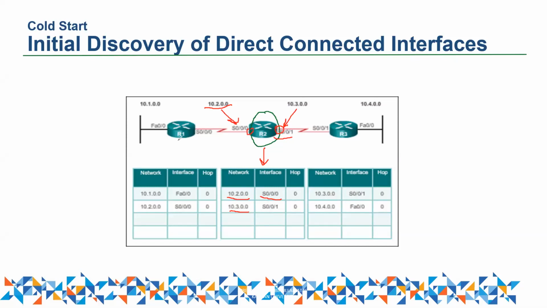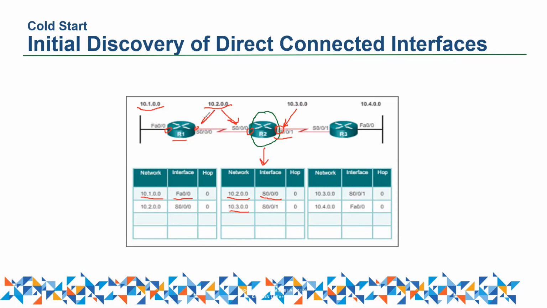And what about R1? R1 learned which network is connected with the FastEthernet 0/0 interface: 10.1.0.0. You can see here, this is the interface name, and this is the IP address discovered by the router. What about this serial interface, S0/0/0?